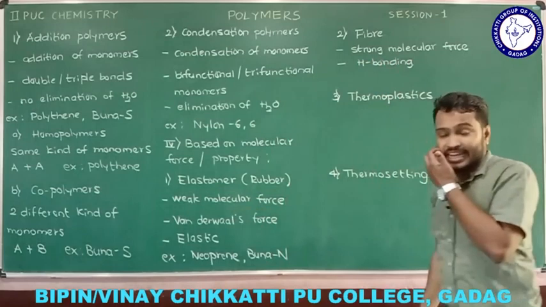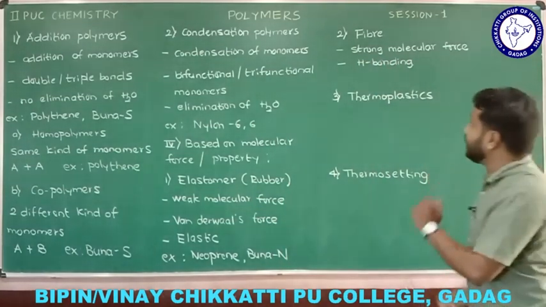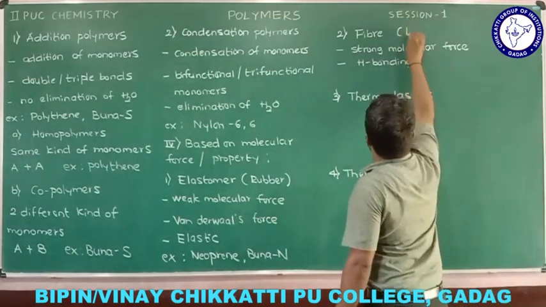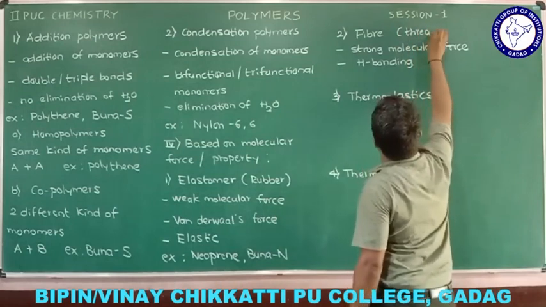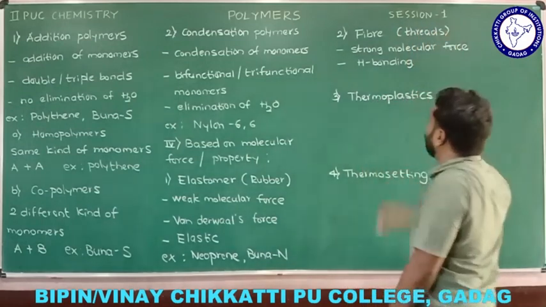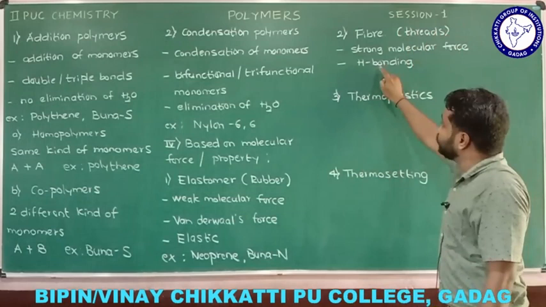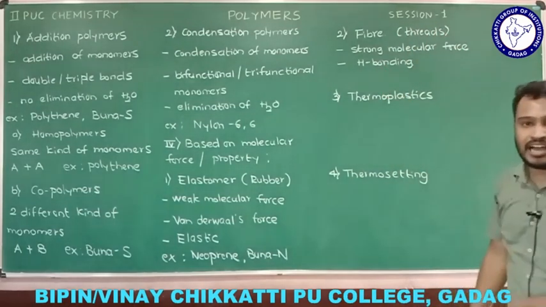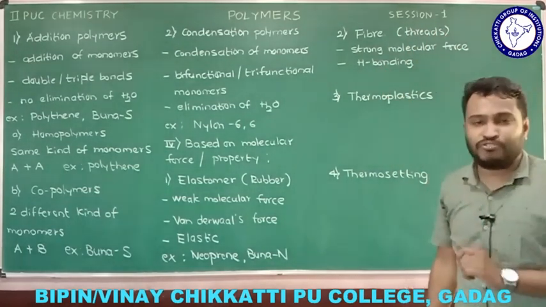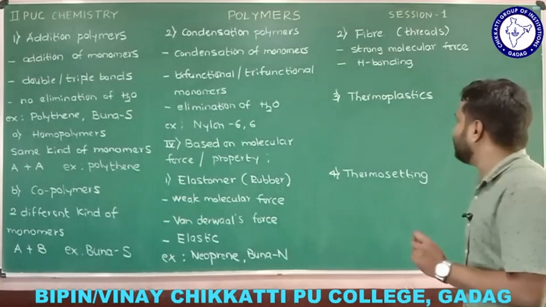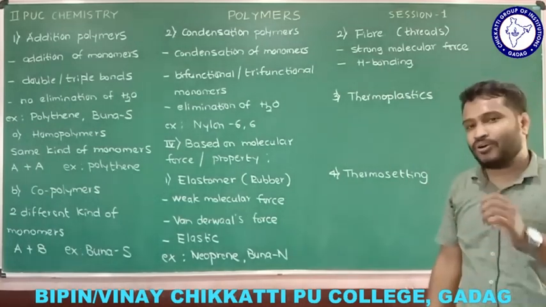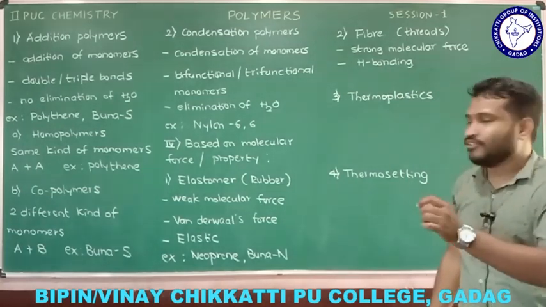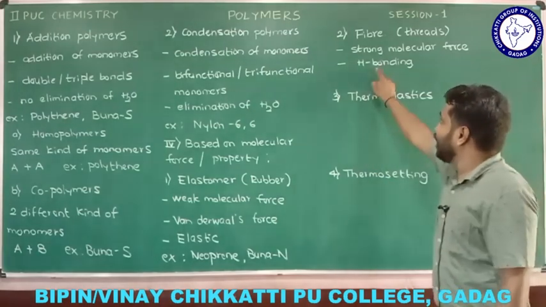So try to know, in case of fiber you are going to get hydrogen bonding. Fiber you can call threads also, both are the same, threads or fibers. The force of attraction will be hydrogen bonding. I hope you know the chemical bond formed between hydrogen and an electronegative element like oxygen, nitrogen, fluorine, that bond we call a hydrogen bond.